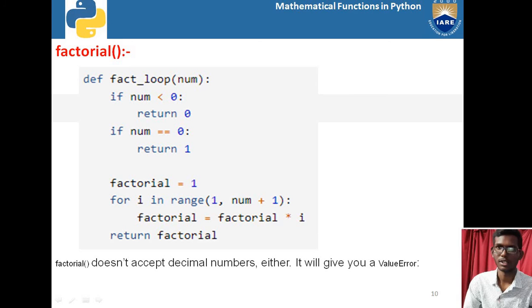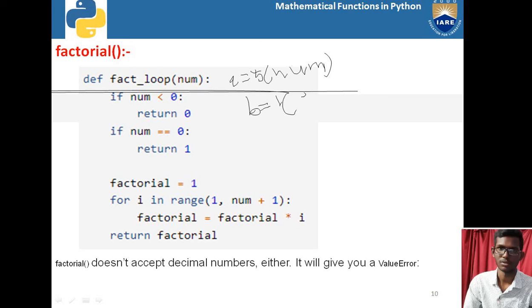Let's take a equal to 5 as the number. We write b equal to 1, for I in range 1 to 6, that is 5 plus 1, 6.